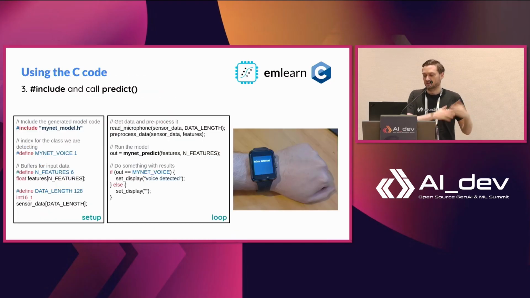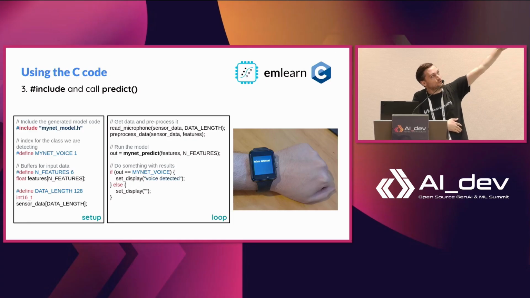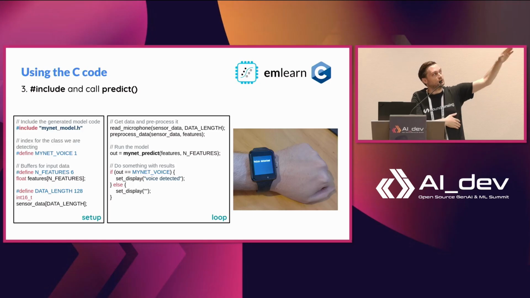On the device side, or the firmware side, you include the generated header file that has everything that you need in there. You need to read your sensor data. You do that however is usual on the platform that you have. You might have some pre-processing, or maybe it doesn't require so much, but then you will have some features that will go into your model.